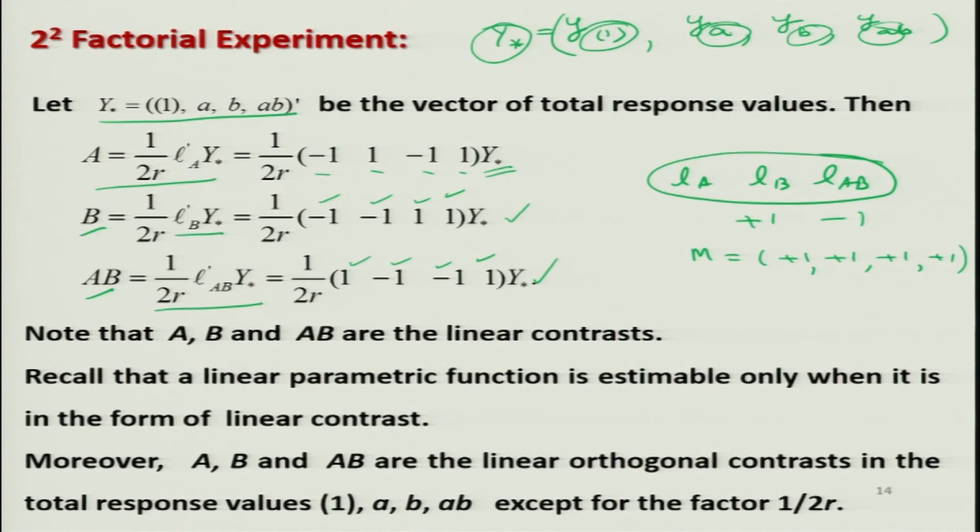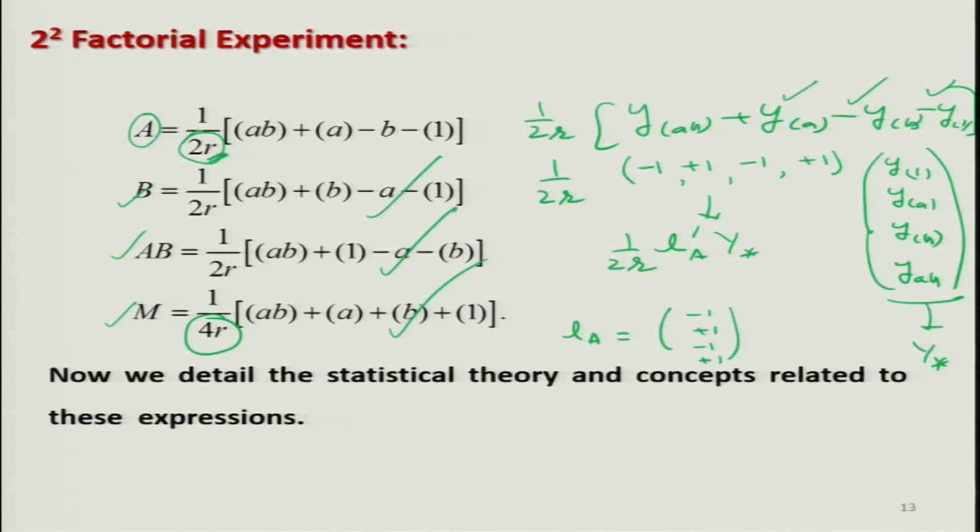If I take it in a very simple way, can I write it down like this: AB minus B and plus A minus 1? Can you see what is happening here?